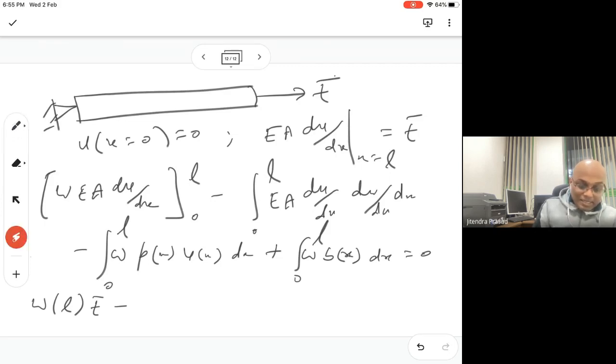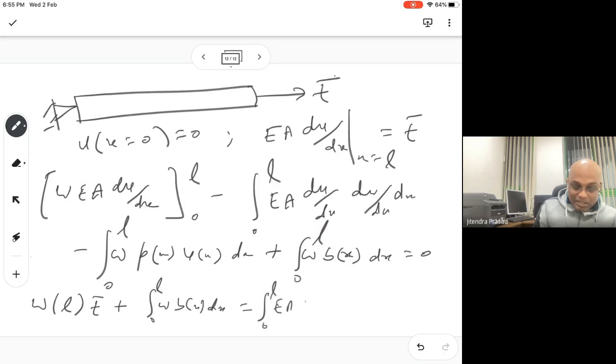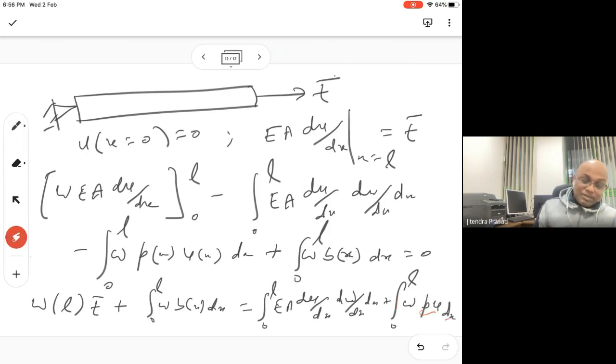So we can write like this plus 0 to L w bx dx is equal to, combining this and this, you get 0 to L EA du/dx dw/dx plus 0 to L w p u dx, right? You will have w also with p.